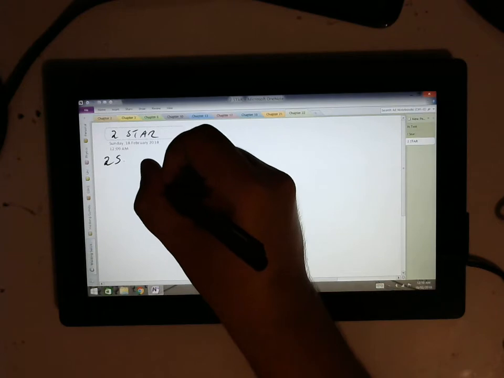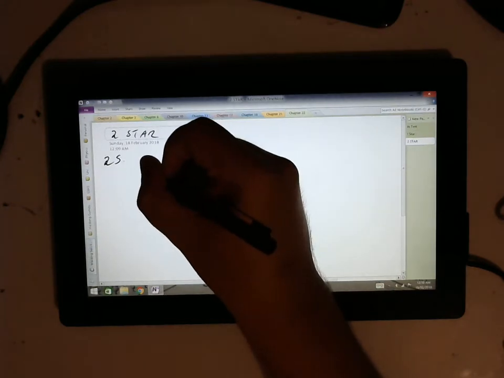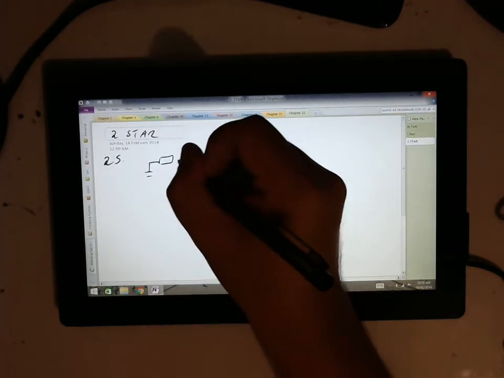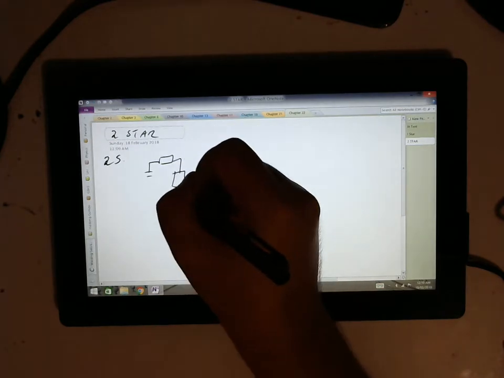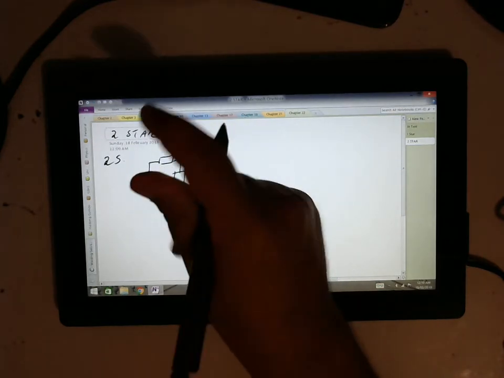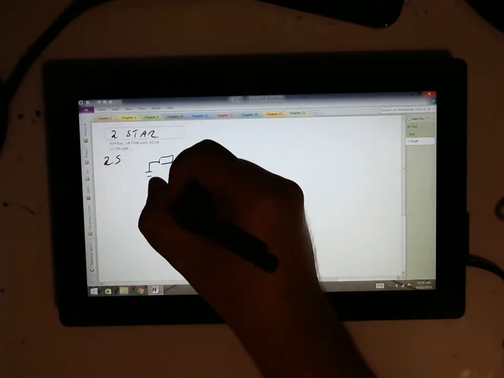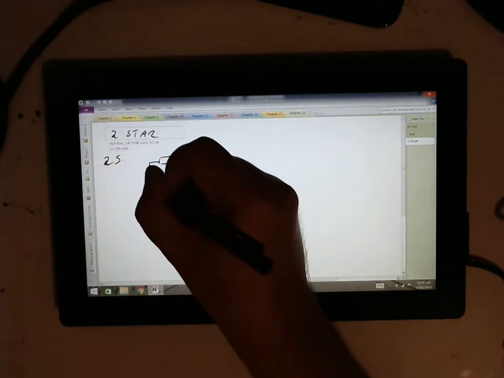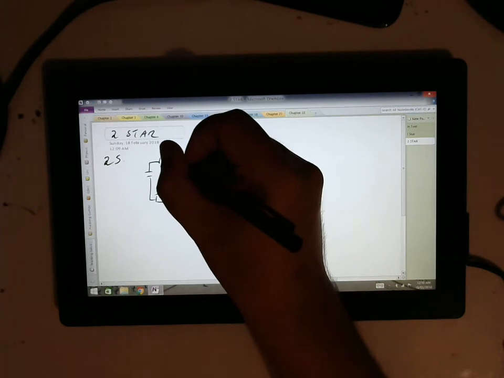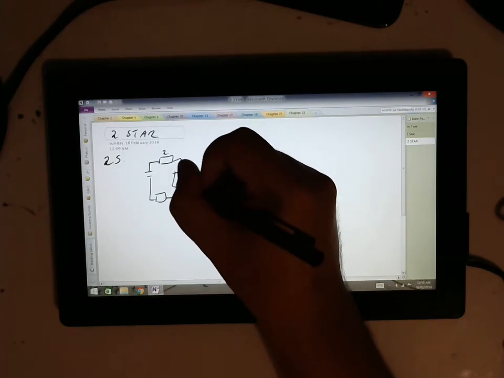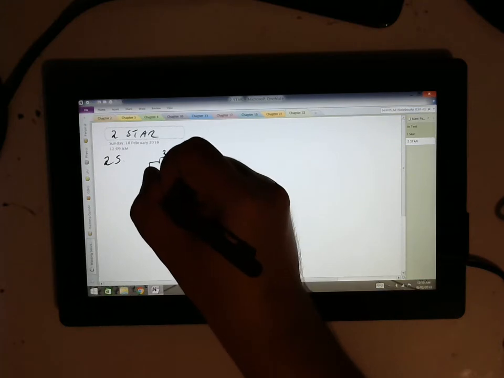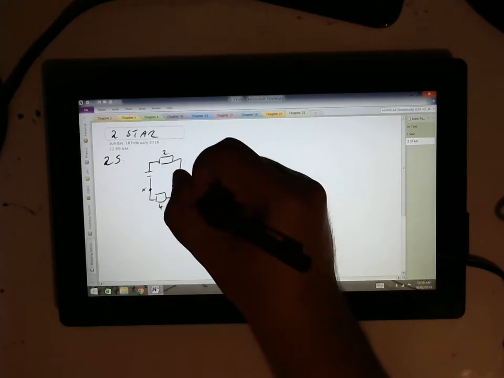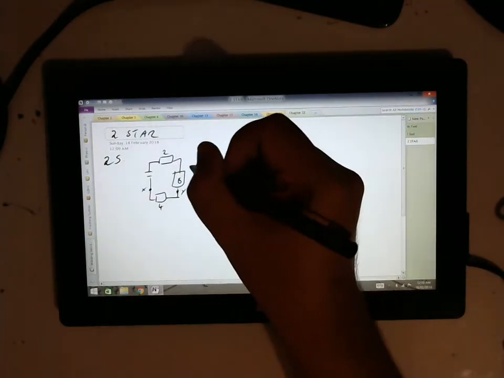We've got our battery. I'm just going to draw one section. I've got a resistor, another resistor, and then another resistor there, and that's a 2 and 8 and a 4. That also gives us 2 of our points X and Y there and there.